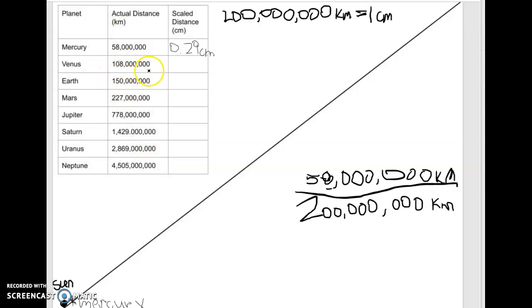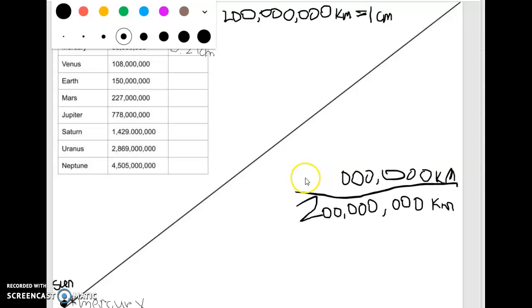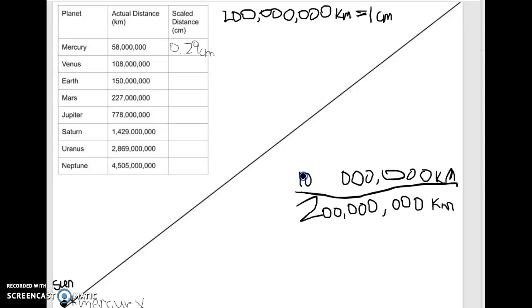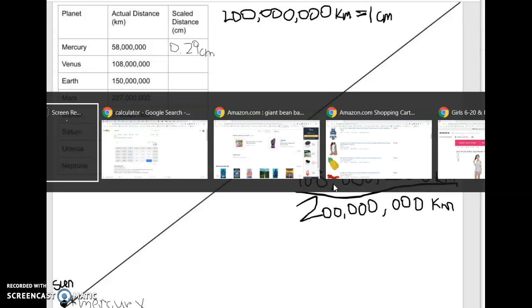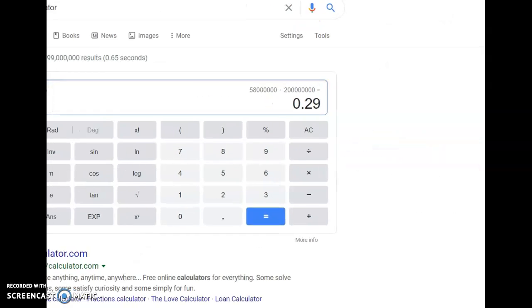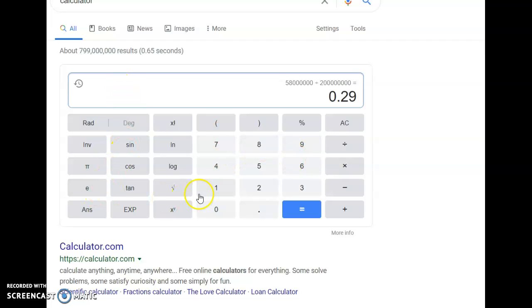Okay, so once I label this Mercury, then I do a calculation on the next one. So I take Venus, 108 million kilometers, and divide it by 200 million. So on the calculator, I do 108, 1, 2, 3, 4, 5, 6, divided by 200 million, 200, 1, 2, 3, 4, 5, 6.